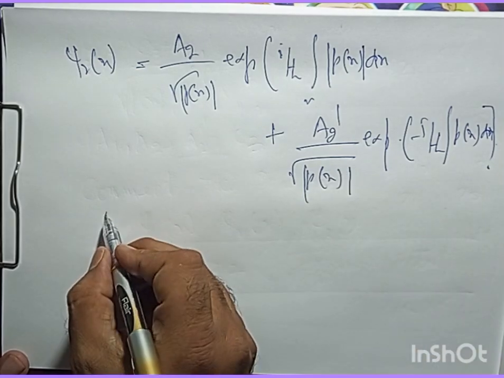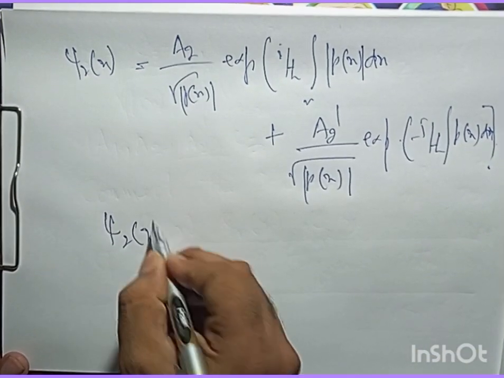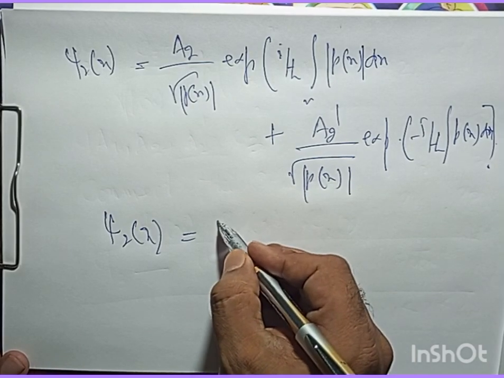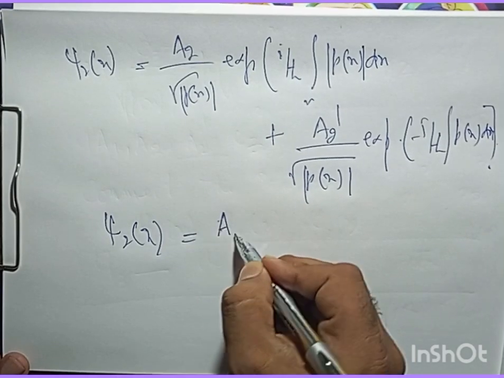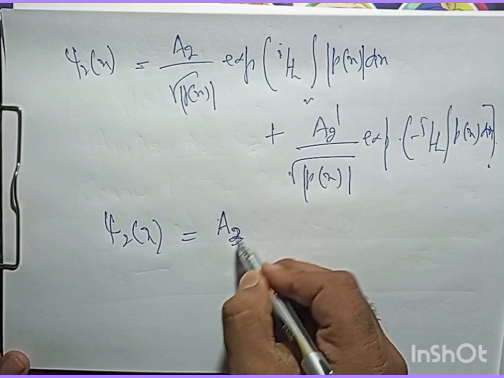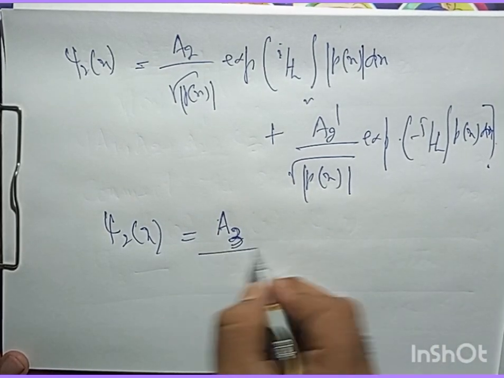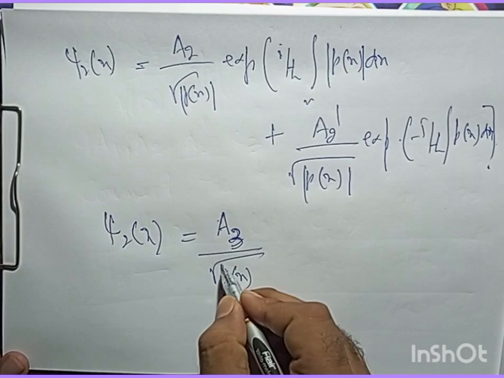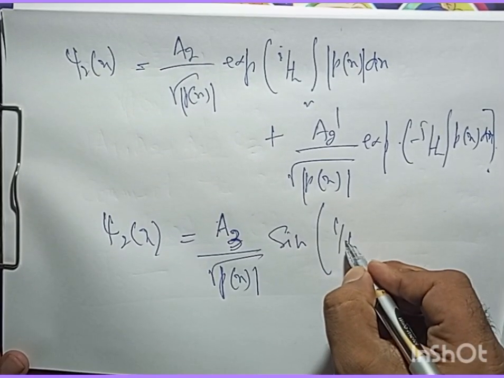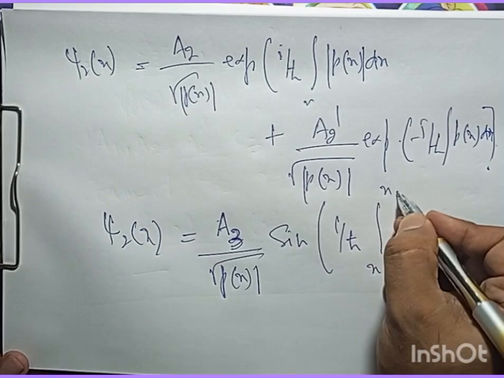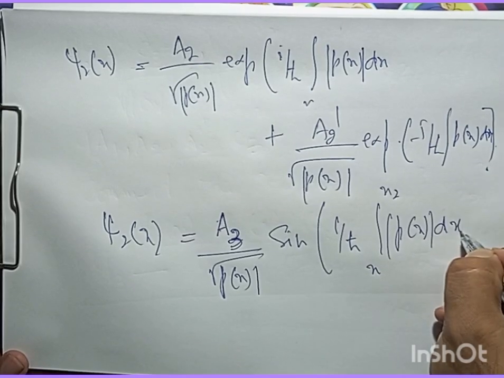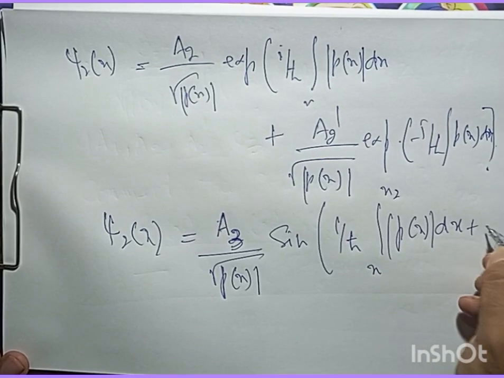So on solving this equation, we can write down psi 2 of x as, we will introduce another constant, let me introduce a3 here, a3 by under root of p of x, sine of 1 by h bar integral x to x2 p of x dx plus alpha.